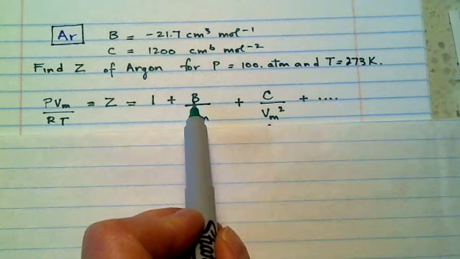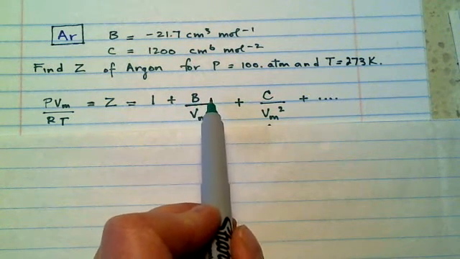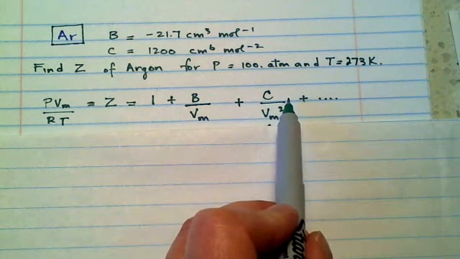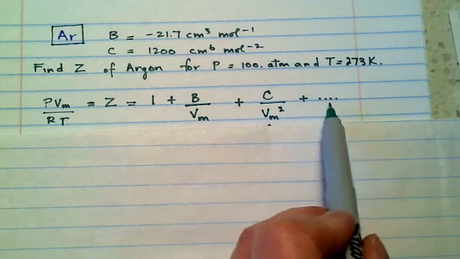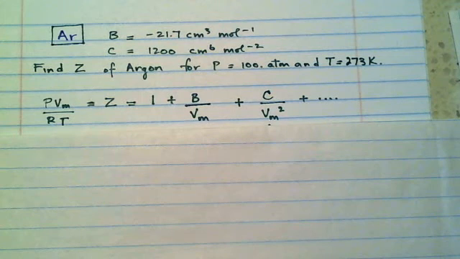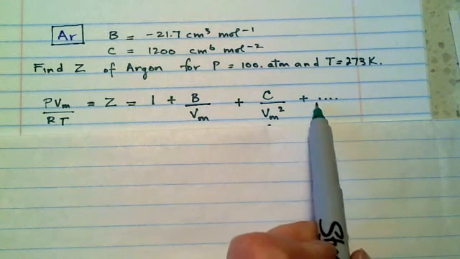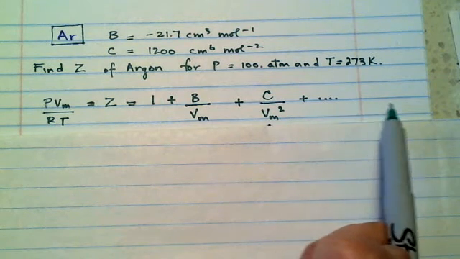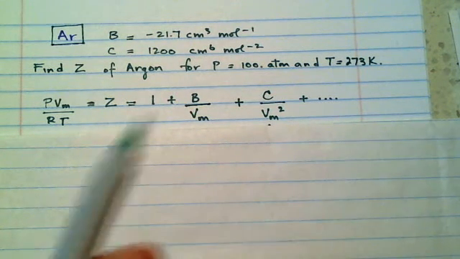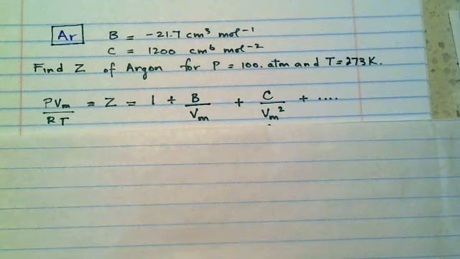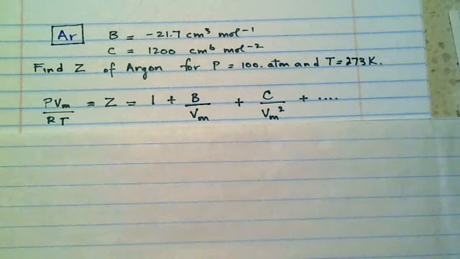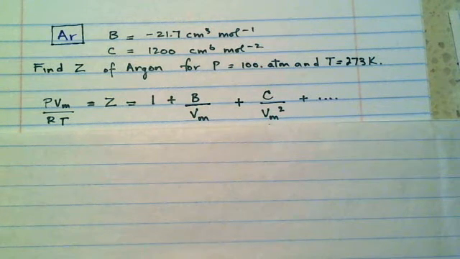If it were the other equation that was being used here, that would be B prime times pressure plus C prime times pressure squared. And we say plus ... because in theory this is sort of like a series that goes on, except that the little bit that you're tweaking with each successive term is smaller and smaller, and really doesn't affect your answer because you're not carrying that number of significant figures. So we always stop after 2.